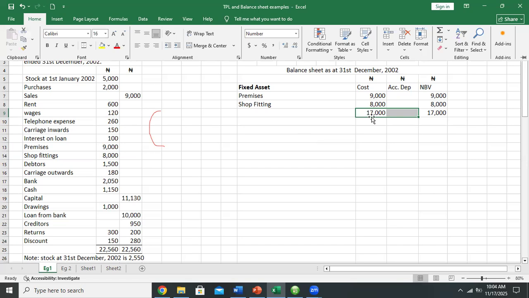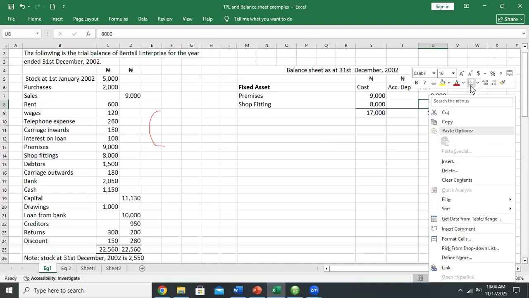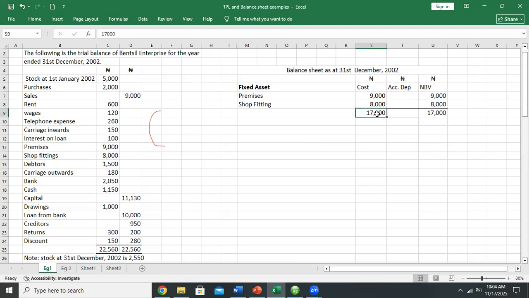For the total fixed assets here, you only underline and leave the 17,000 simply because it's going to be added to the working capital. That's why we don't underline that figure. Okay, so this is our total fixed assets, right?